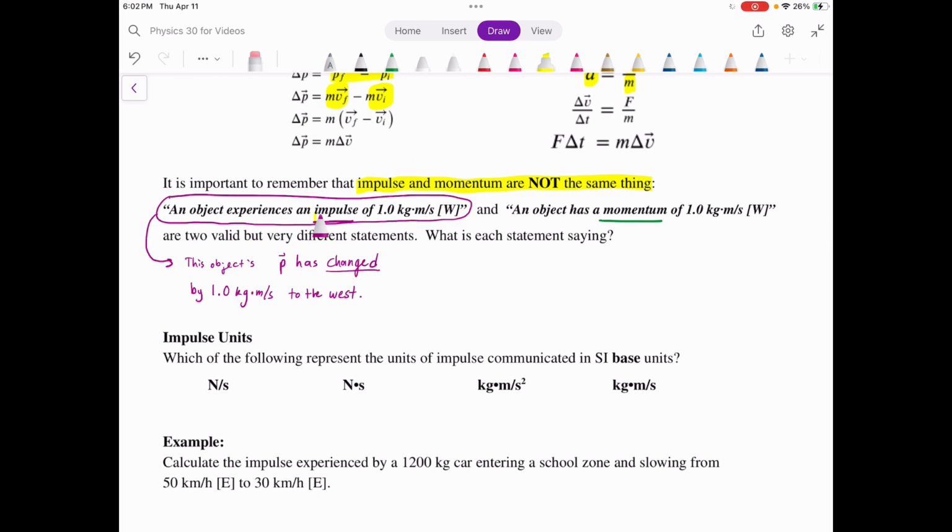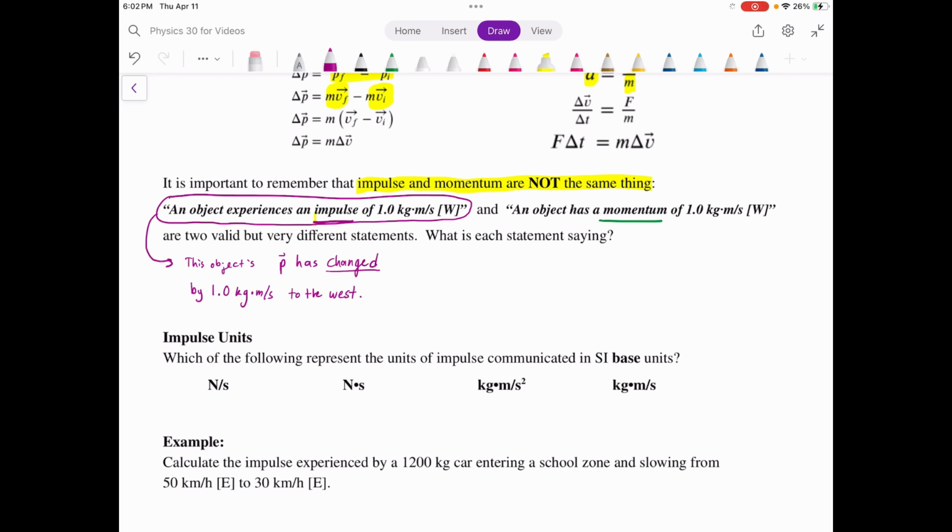Well, this one here is saying that the object's momentum has changed by 1 kilogram meter per second to the west, right? But there's a lot of ways that could have happened. It's just saying the difference between its new momentum and its old momentum is 1 kilogram meter per second to the west, right?